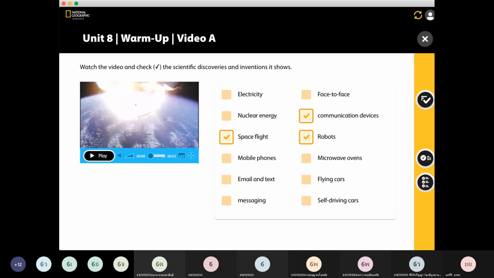Flying cars. Okay, flying cars. Mobile phone. Okay, mobile phones.